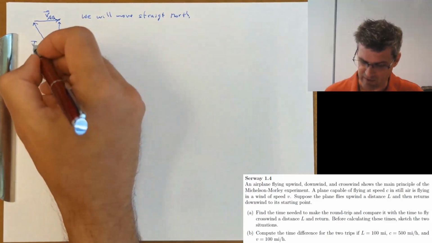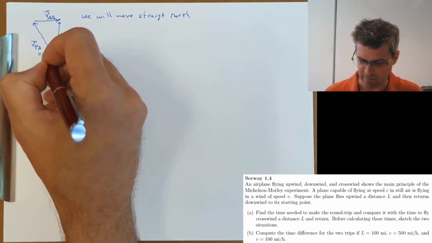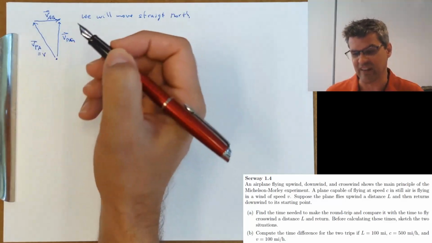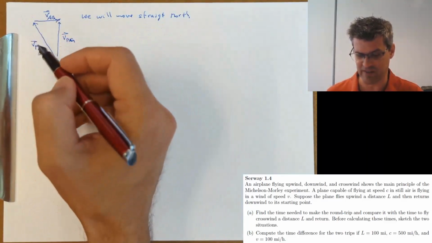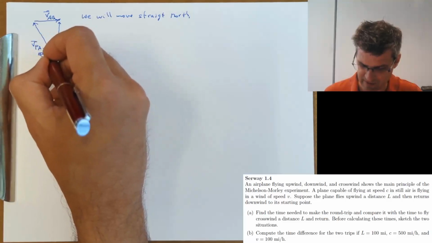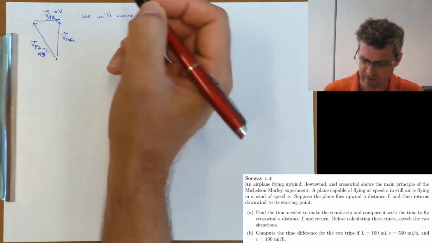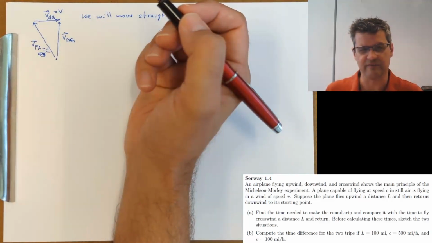Okay, so the speed of the plane with respect to the air, I'm going to just call that v. We're later told what v is, but this is the speed of the plane with respect to the air. We're told that this is c. The speed of the air with respect to the ground, the wind speed, we call this v.